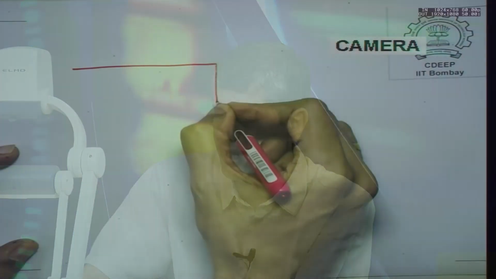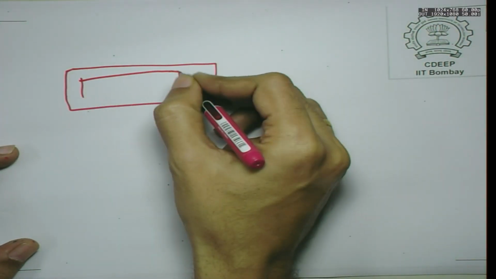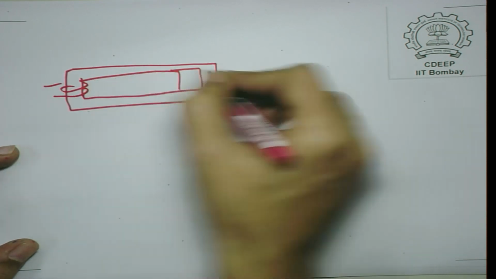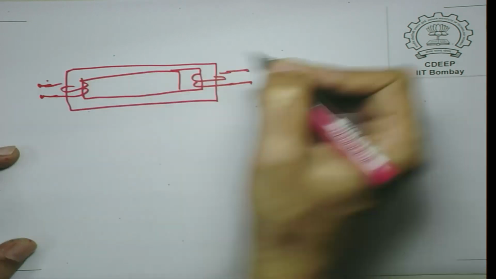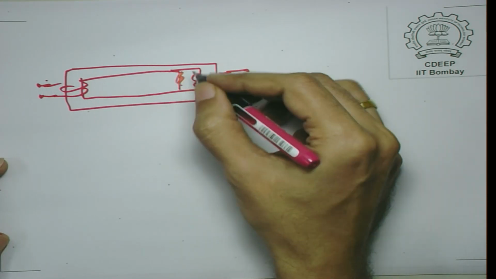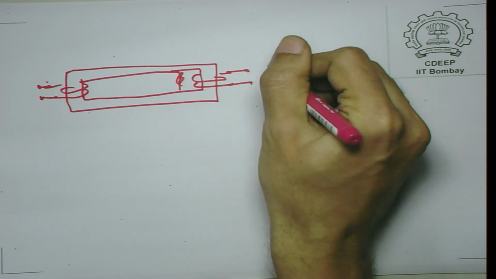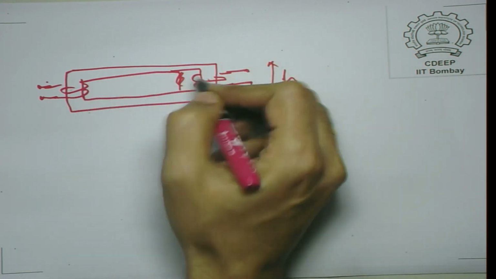If you have a transformer of a certain rating, this one is specially constructed. I call this a short transformer or a fat transformer. It is not fat really, but it has a lower height, it is shorter, and I wind the coils on these two limbs.